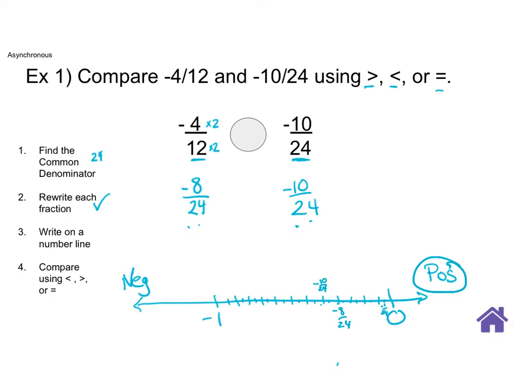That would be the one that is closest to 0, or the furthest one to the right. So my -8/24 is the greater. So I need to show greater than, which goes this way. Going back to the original, -4/12 is greater than -10/24.